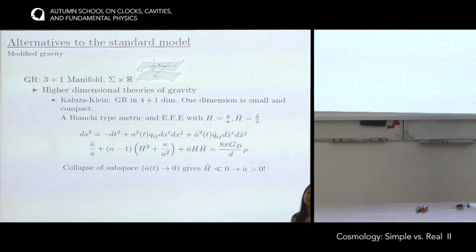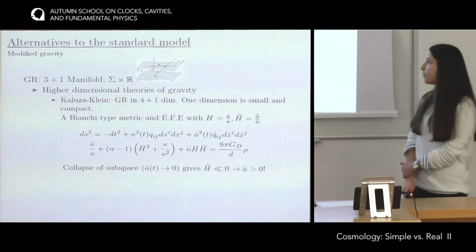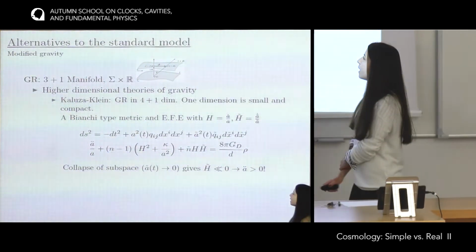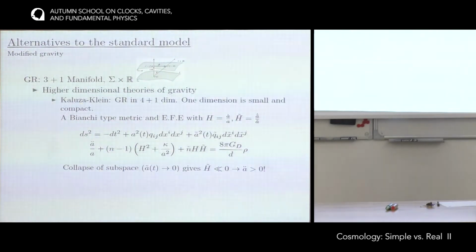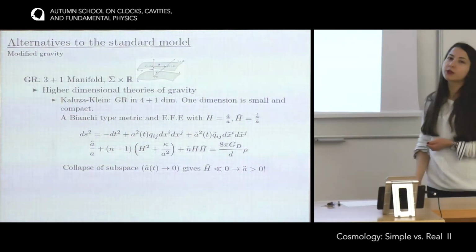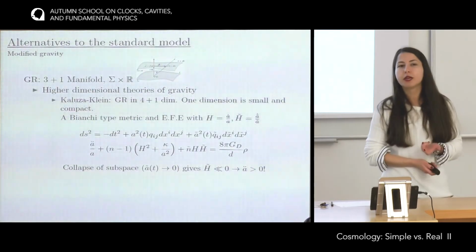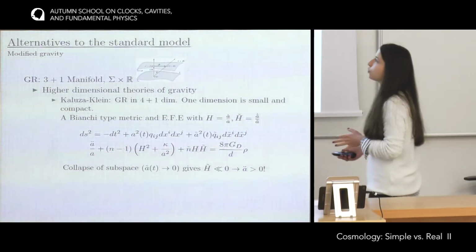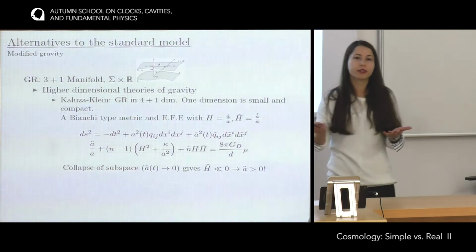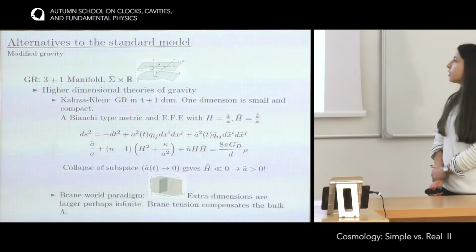When you collapse the small subspace, take its scale factor to 0, and the Hubble parameter for this extra dimension becomes very small, that can create the effect of accelerated expansion in your physical space. So this was another method to have this apparent accelerated expansion effect, a way to modify gravity.